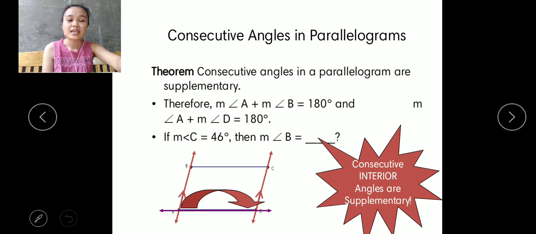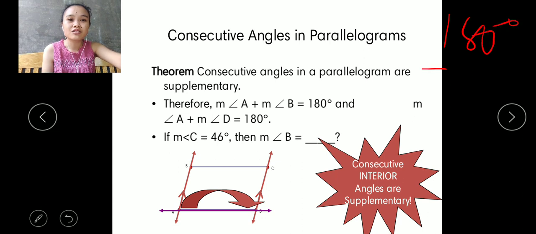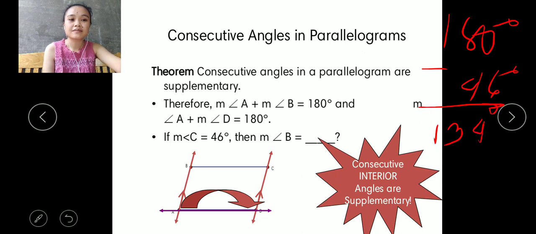Meaning, the measure of angle C plus the measure of angle B is equal to 180 degrees. So 180 degrees minus 46 degrees is 134 degrees, because 46 plus 134 is equal to 180 degrees.